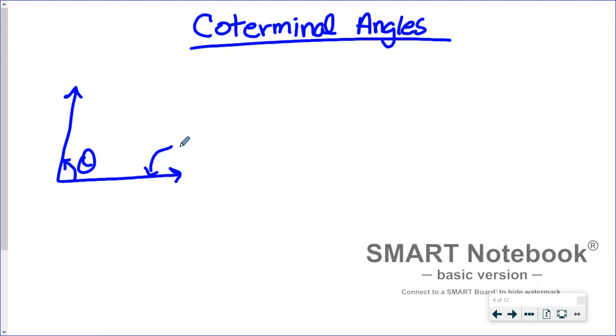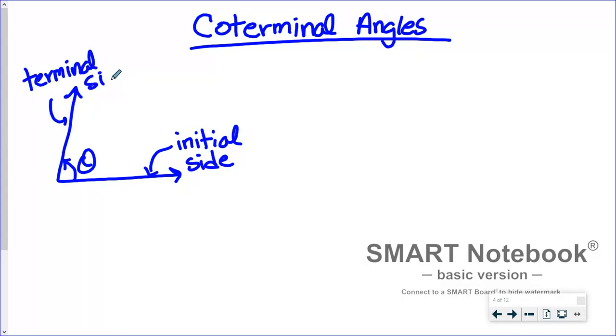We're going to have what's called the initial side, which is where you start from, and you're going to have what's called the terminal side, which is where you end. That's why I put the arrow right here, because I started down here and I'm going in this direction.